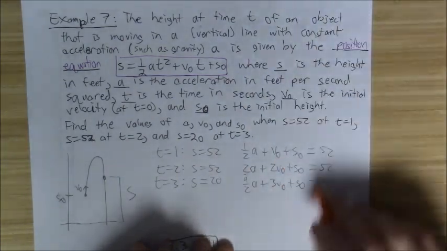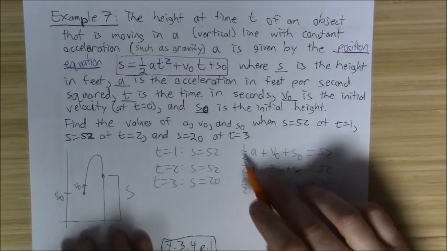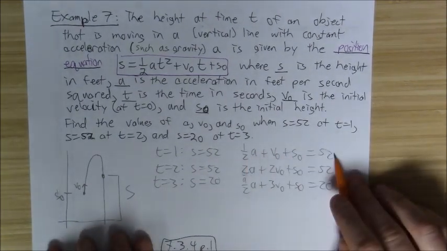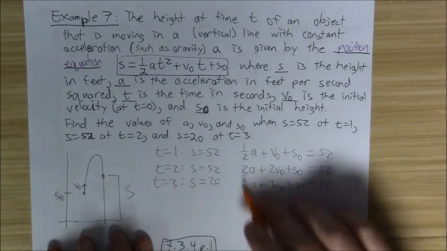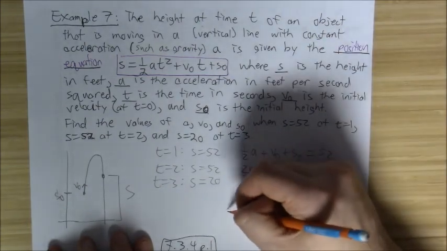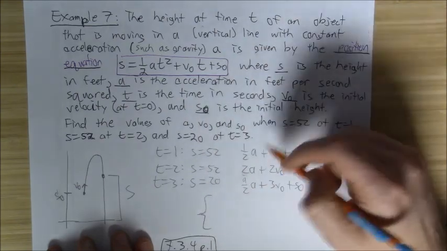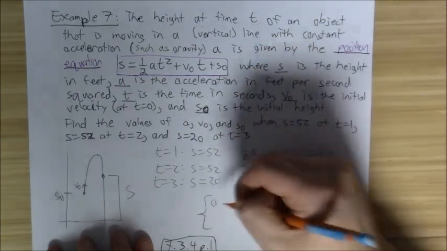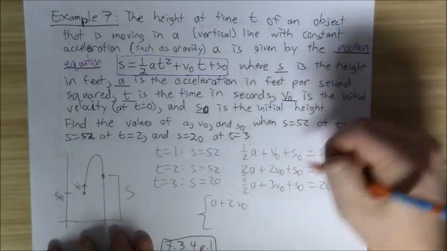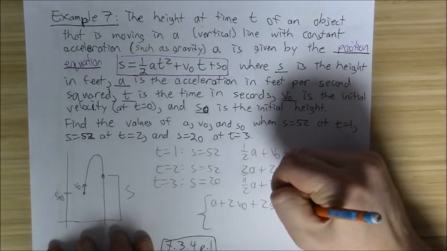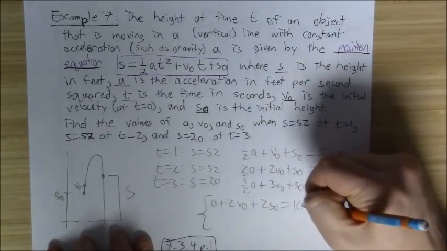And this really created a system of equations. If we multiply each equation by 2 to get rid of the fractions, we would have the system: A plus 2V0 plus 2S0 equals 104.